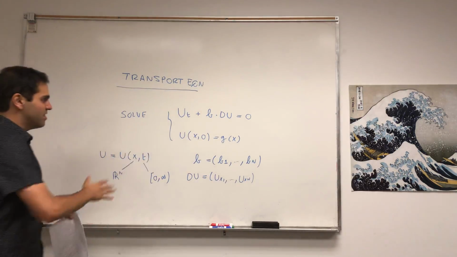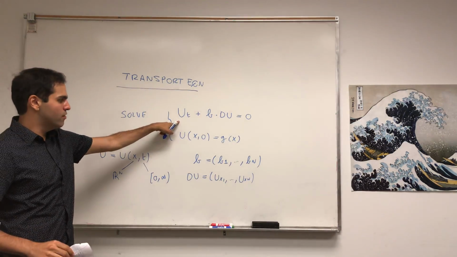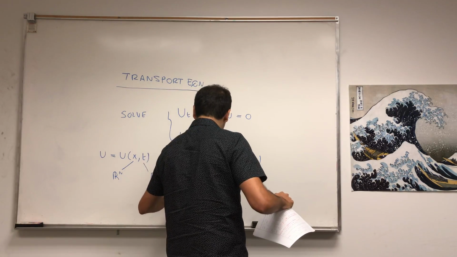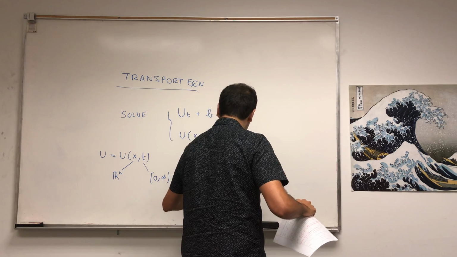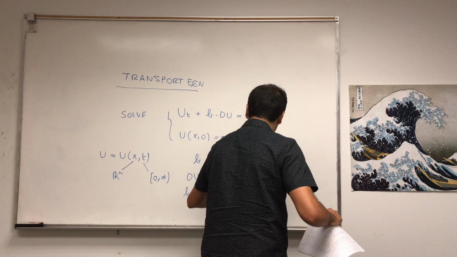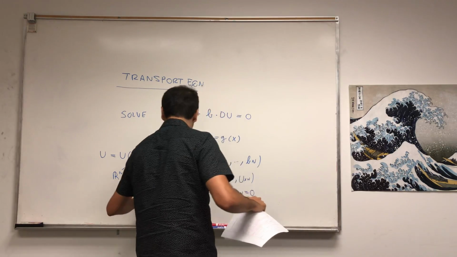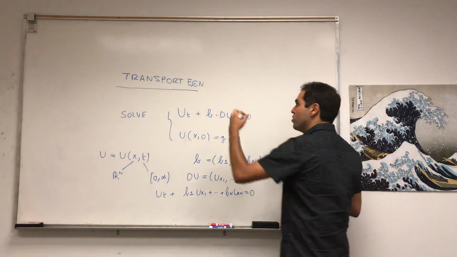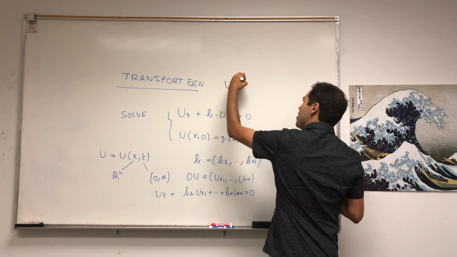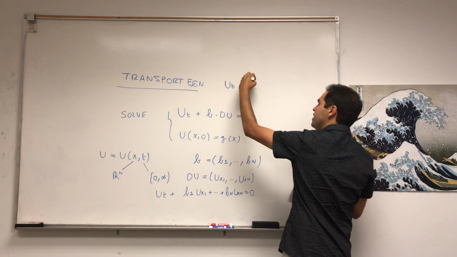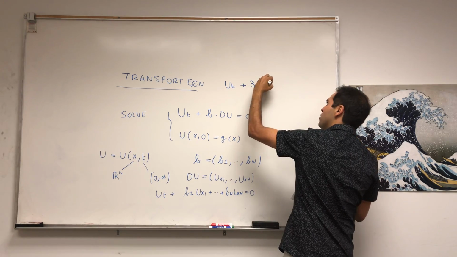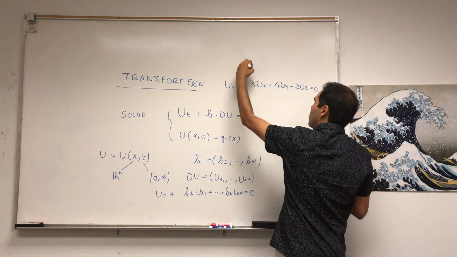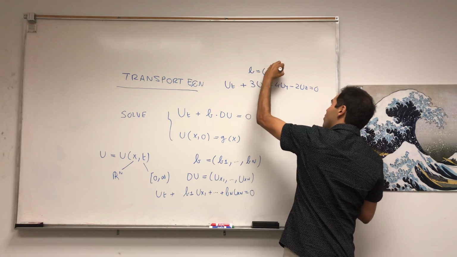Okay, great. So what this tells you is that the time derivative of u plus b dotted with Du equals 0, which means b1 u_x1 plus ... plus bn u_xn, plus u_t, equals 0. For a concrete example, in 3 dimensions it would be u_t plus 3 u_x plus 4 u_y minus 2 u_z equals 0, where in this case b is (3, 4, -2).